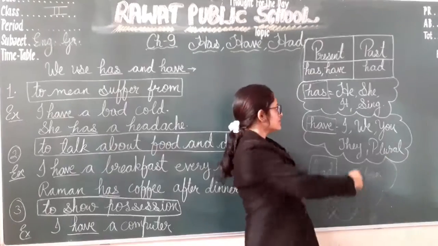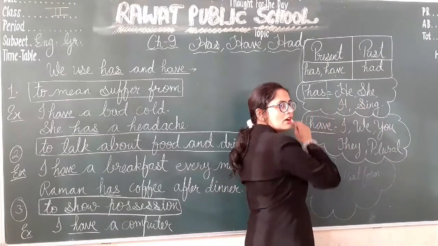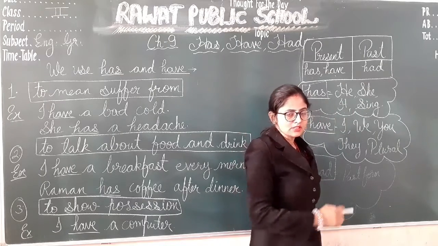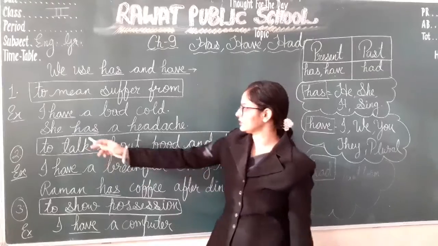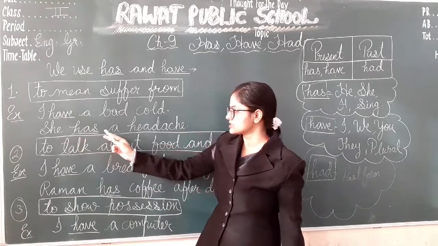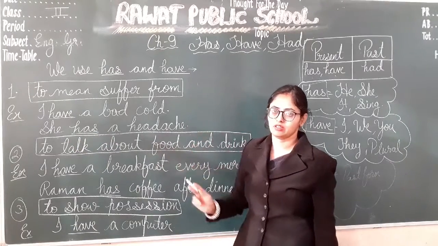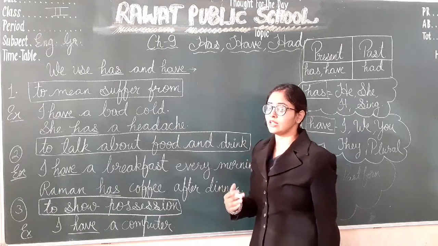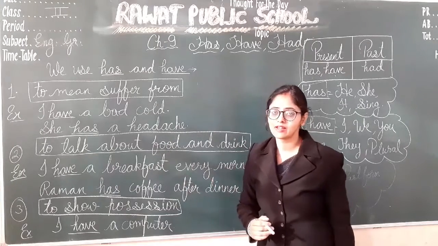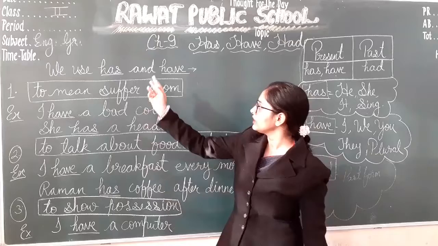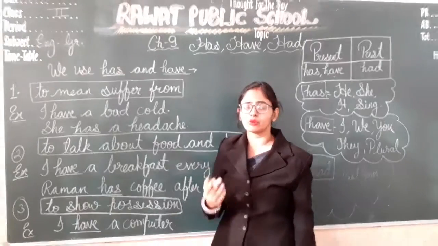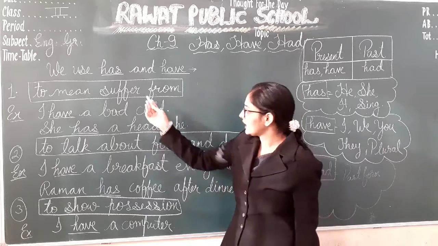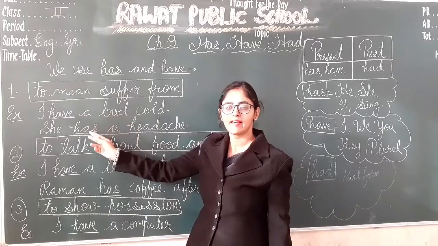The second, she is here. She means singular. So I will use has. And I have done here, she has a headache. उसे सिर दर्द हो रहा है. Then you can say she has. Means when you are telling, जब आप किसी चीज से सफर हो रहे हैं, परेशान हो रहे हैं बीमारी से, that time you can use has, have.